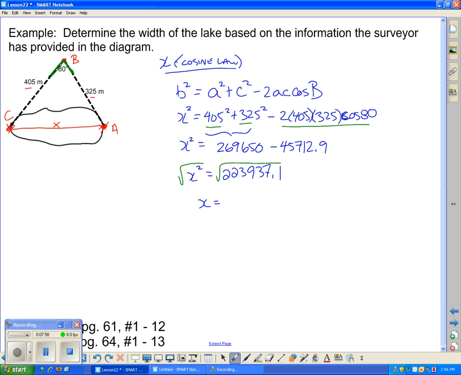So that means that the width of this particular lake is 473.2 meters. The lake width is approximately 473.2 meters.